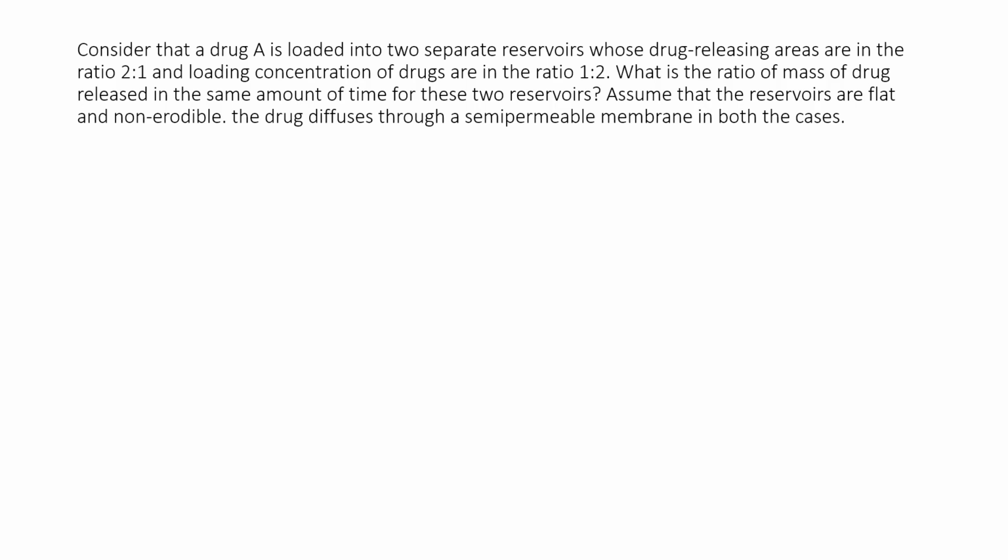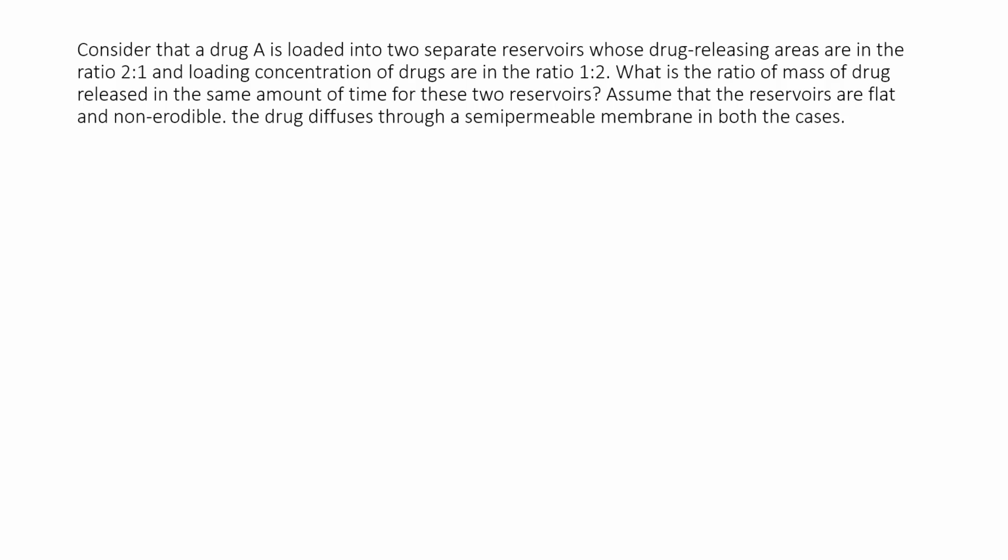They're loading the same drug into two separate reservoirs, and the areas of drug release for the two reservoirs are in the ratio of 2 to 1, and the loading concentrations are in the ratio of 1 to 2. So reservoir 1 has two times the area where it can release the drug, but the concentration is 1. Reservoir 2 has only one times the area, but the concentration is 2. So one has much higher concentration and less releasing area, and the other has much lower concentration and more releasing area.